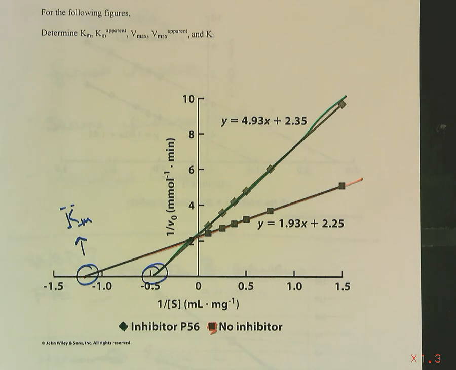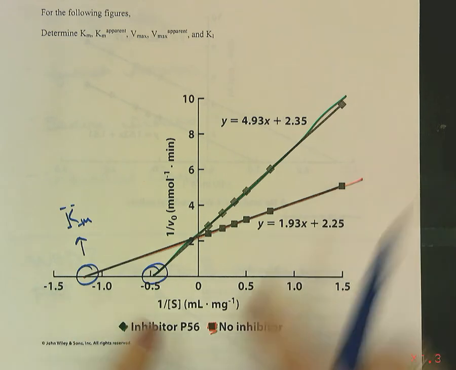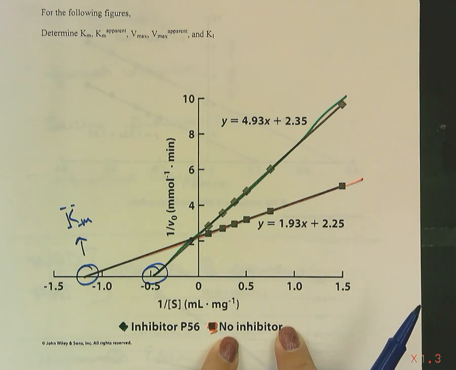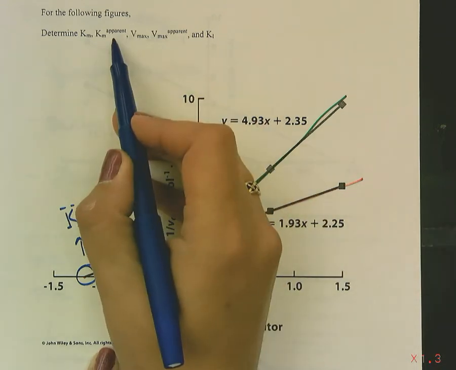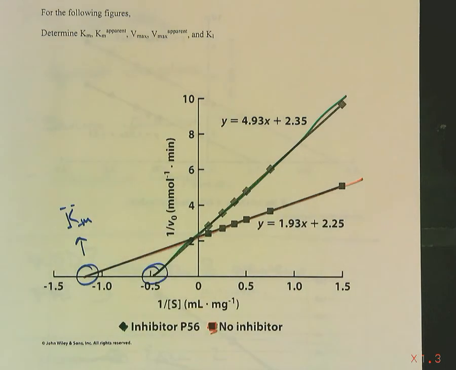This is, I think, a big source of our confusion. Km is a constant all the time, considered for an enzyme with no inhibitor. When we add an inhibitor, it is no longer called Km, it's called Km apparent, because the actual Km is still over here, but your experiment is making it look like it's over here.